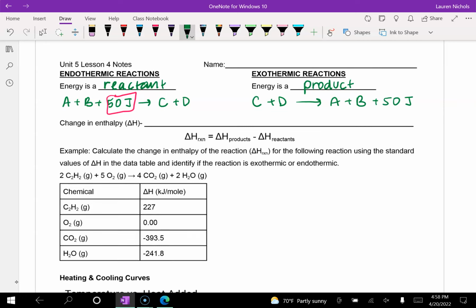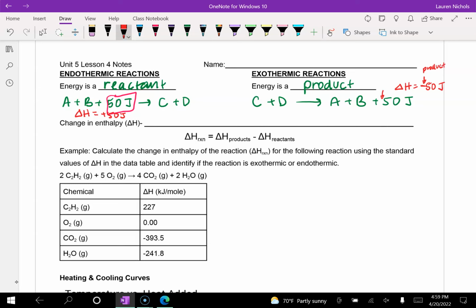Now, when we look at the change in that enthalpy, the delta H for a reactant would be positive 50 joules, but delta H as a product is a negative 50 joules because it's on the product side and it's being released. However, it doesn't have the negative sign in the equation. The negative tells you that it's a product being released.